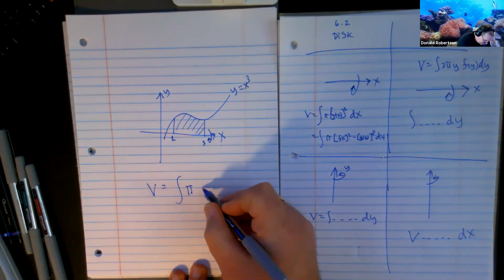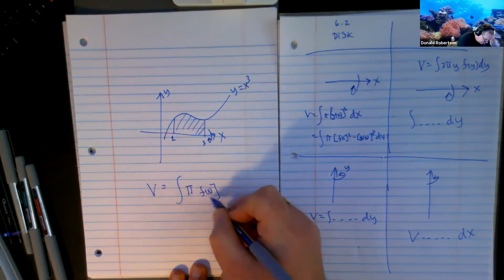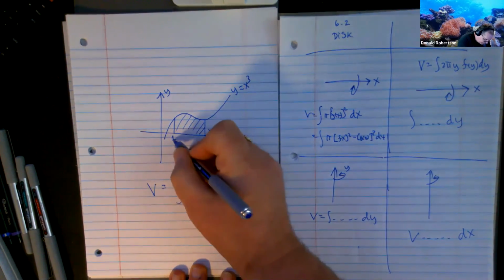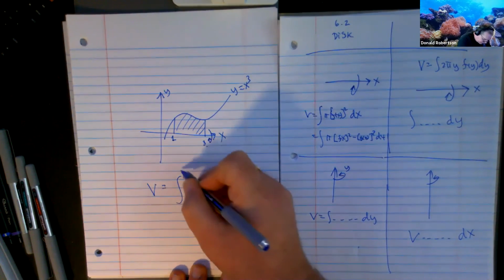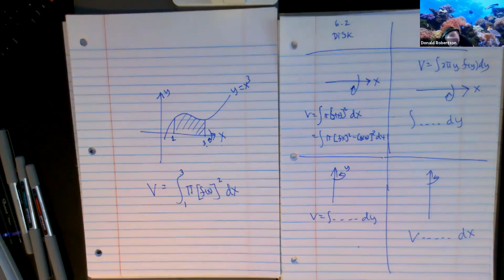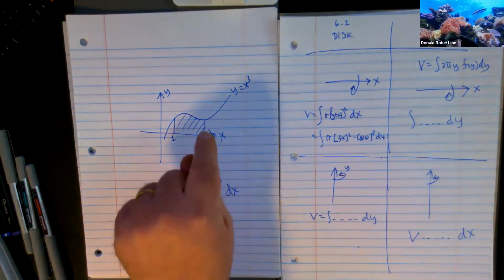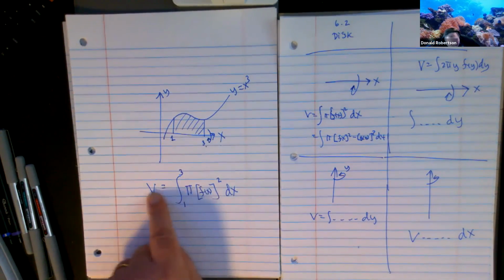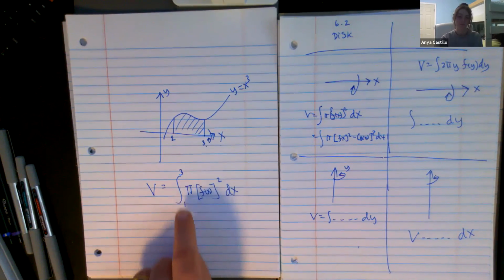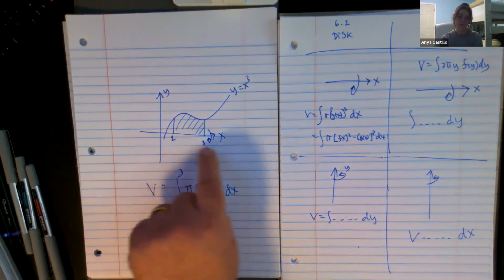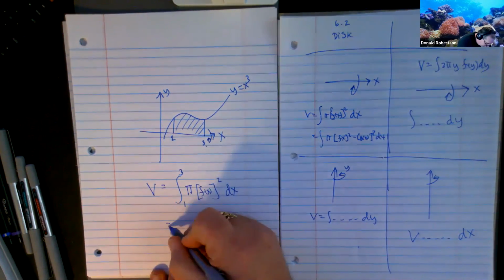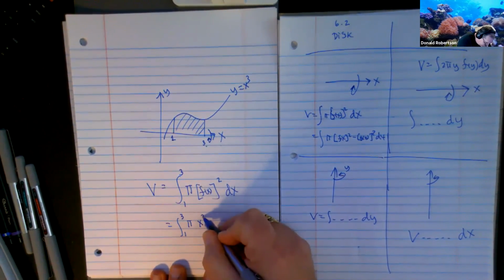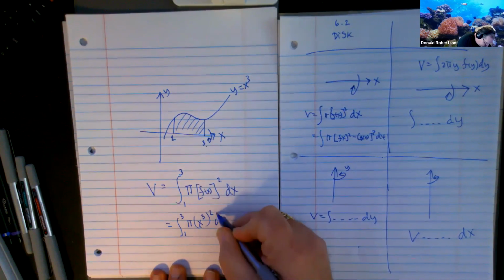It's pi f of x squared dx, and the range would be from 1 to 3. Since it's a disk method and it's rotating about the x-axis, do you see how my formula has x's in it? And the limits of integration are in terms of x values. In this particular question, it would be the integral from 1 to 3 of pi x cubed all squared dx.